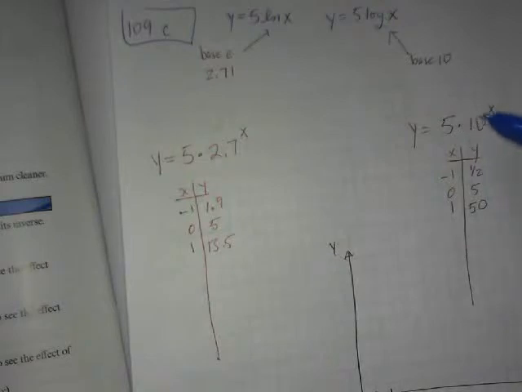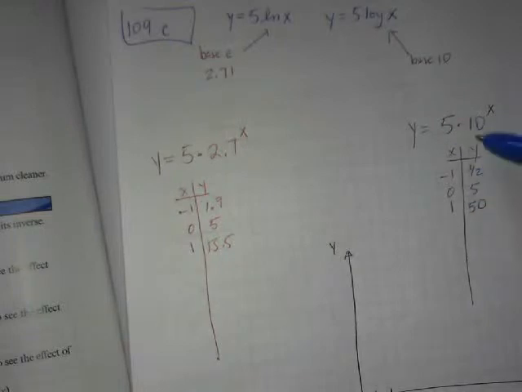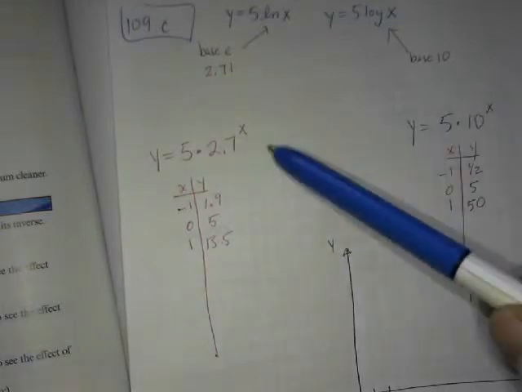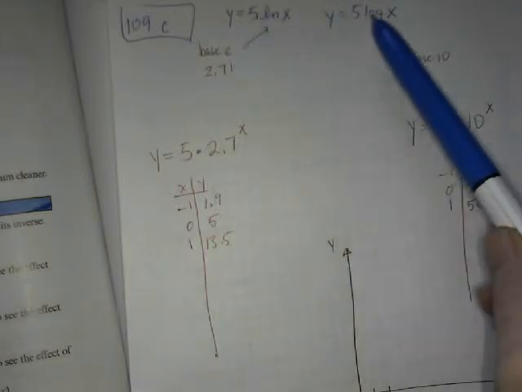I kind of did a similar thing here. 10 to the -1 would be 1 over 10. 1 over 10 times 5 would be 5 over 10, and 5 over 10 is a half, and 10 to the 0 power would be 1, and 1 times 5 is 5. And then 10 to the 1 power would be 10 times 5, that's 50. So now I remember that what I'm trying to graph are these ones up here.